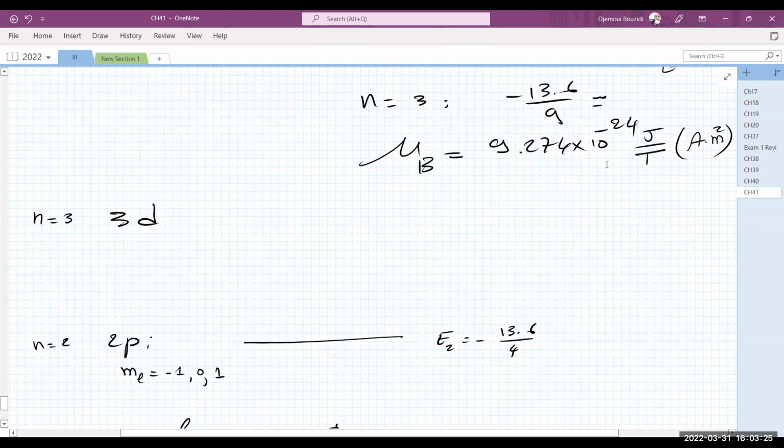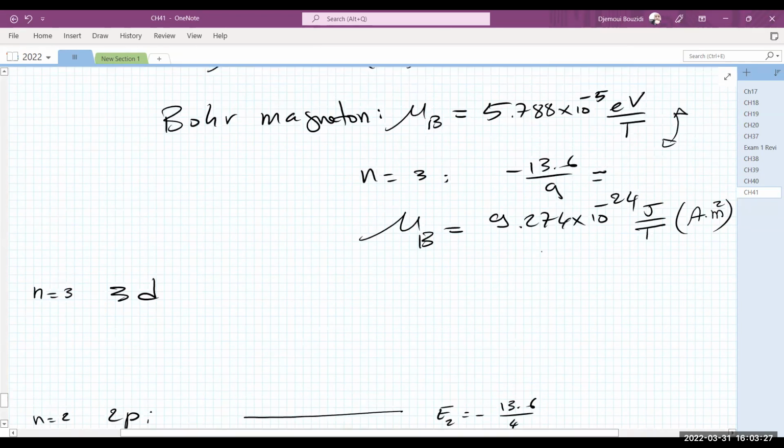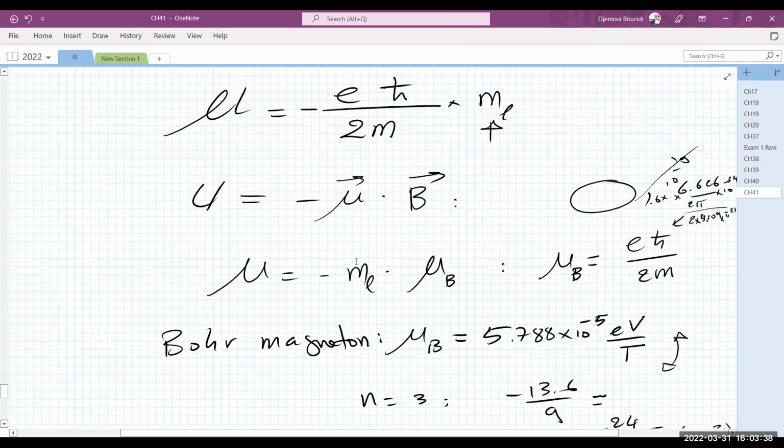Here is the thing. The energy shift in this case is going to be equal to minus or plus, depending on the value. It's going to be just the interaction of these two. One thing: you have a negative sign in here because of the potential energy being negative, because the preference of a magnet is really to align itself with the external magnetic field, and that is why the negative sign is in here.